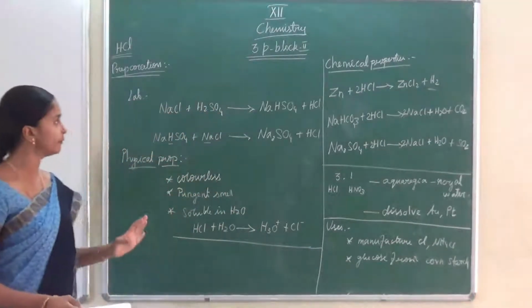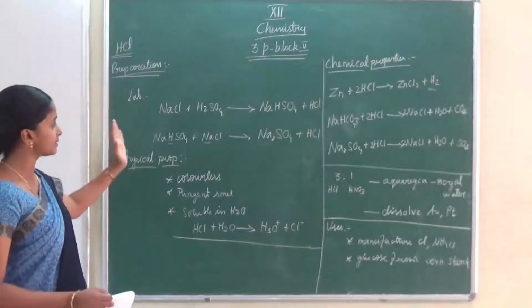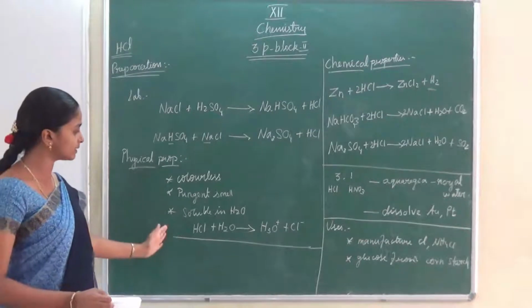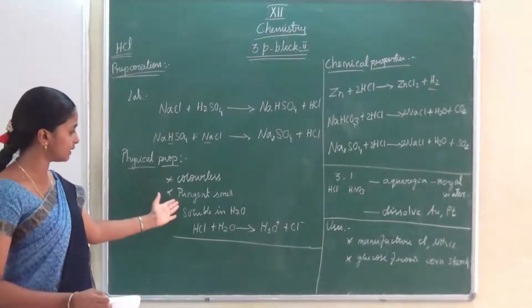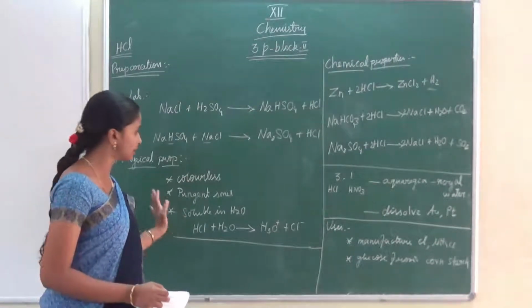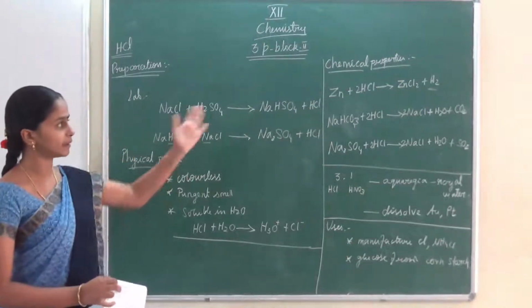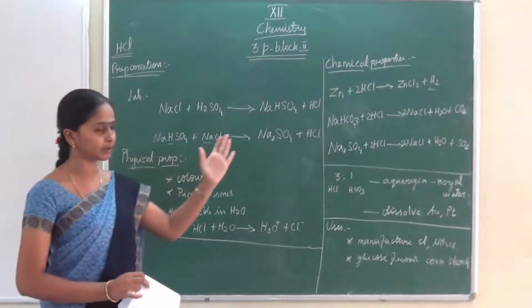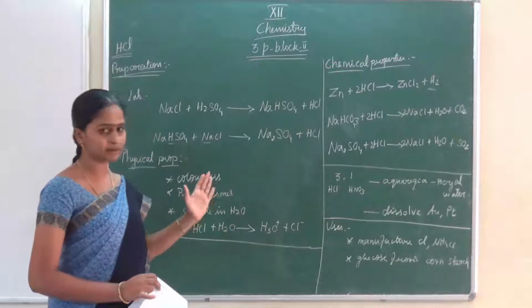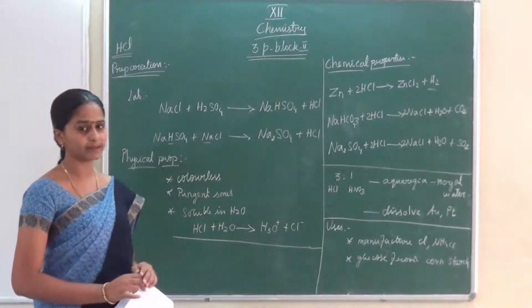Very simple. Hydrochloric acid: how can we prepare hydrochloric acid in the lab? What are the physical properties? What is the smell? What is the color? And whether it is soluble in water or not. That's all about the physical properties. In chemical properties, it reacts with zinc and produces hydrogen gas. With carbonate base, carbon dioxide. With sulfate, it produces sulfur dioxide.